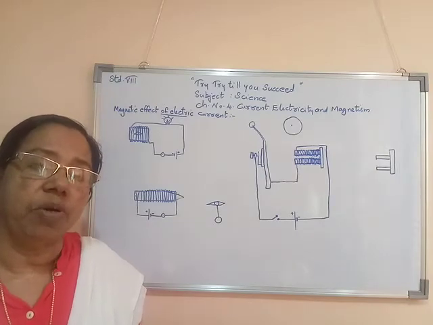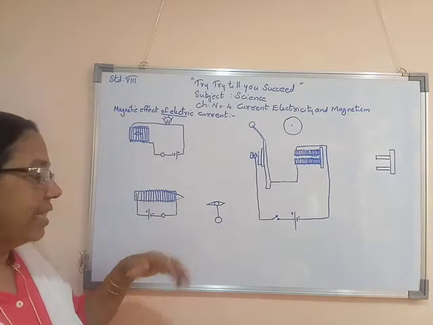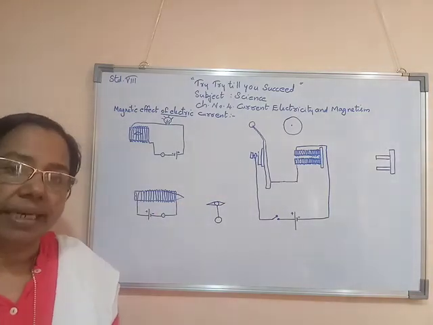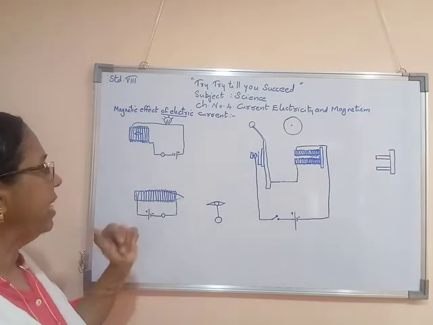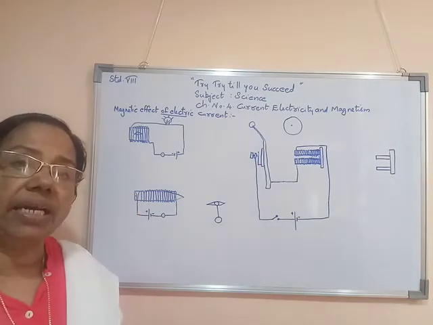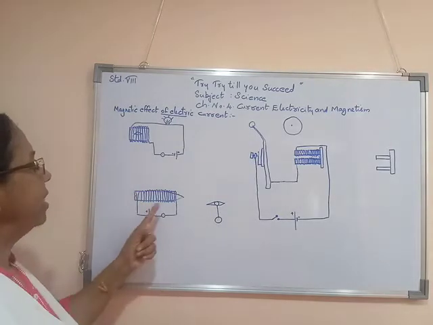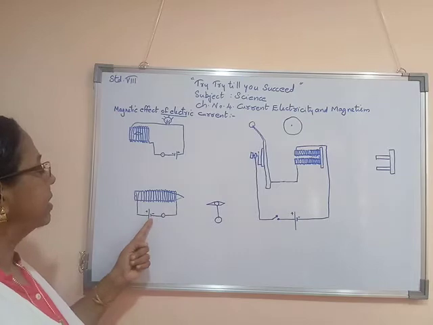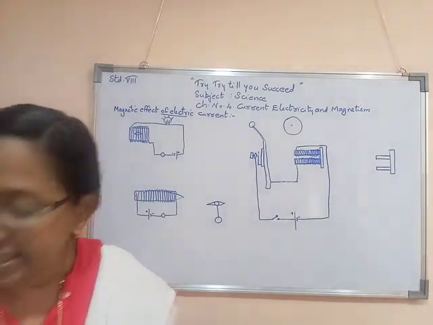Such a magnet we can call an electromagnet. That magnetism is known as electromagnetism. So this nail is becoming an electromagnet because of the magnetic field formed by passing current through this wire.